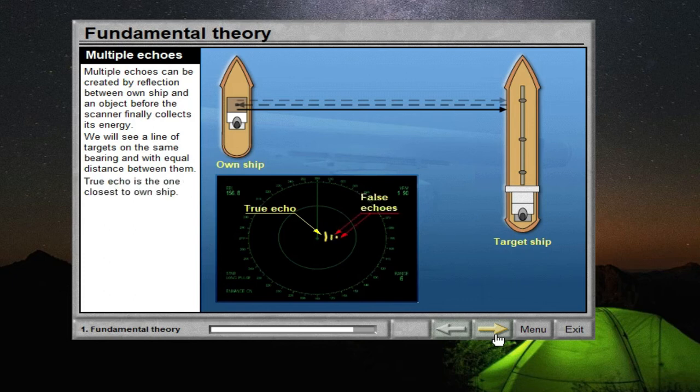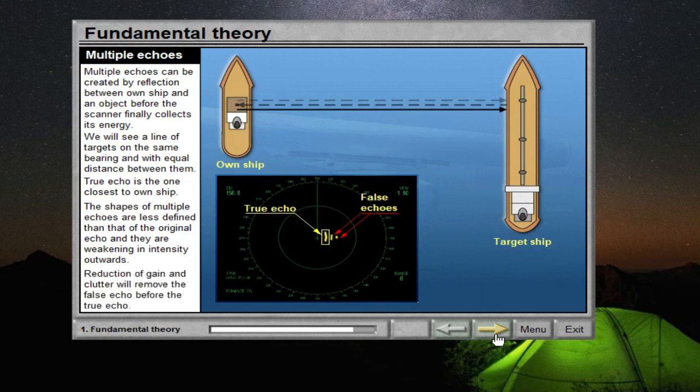The true echo is the one closest to own ship. The shapes of multiple echoes are less defined than that of the original echo, and they are weakening in intensity outwards. Reduction of gain and clutter will remove the false echo before the true echo.